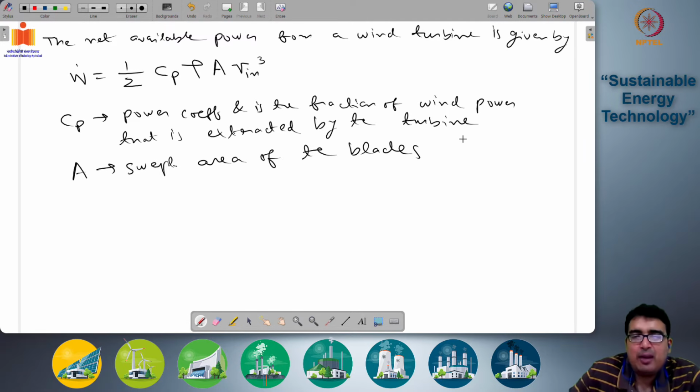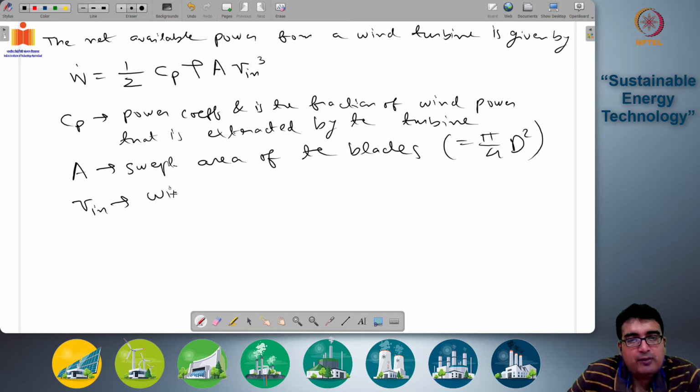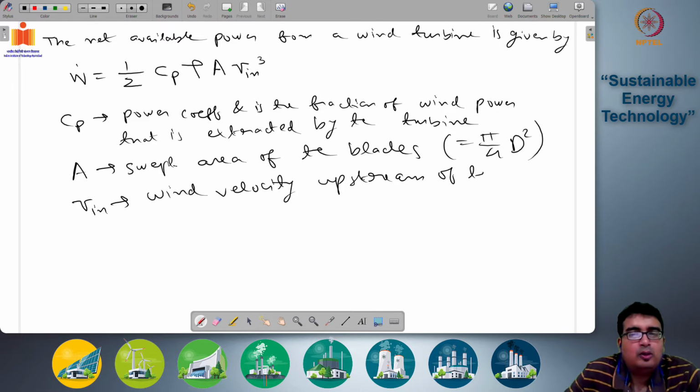If the blade diameter is d, this is equal to pi by 4 d square, and V in is the wind velocity upstream of the turbine.